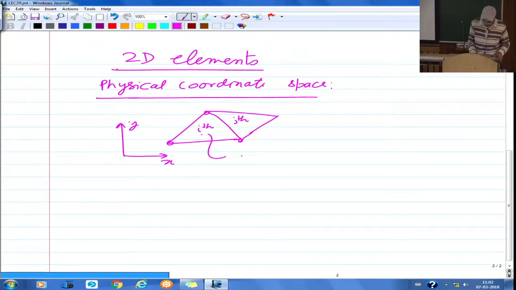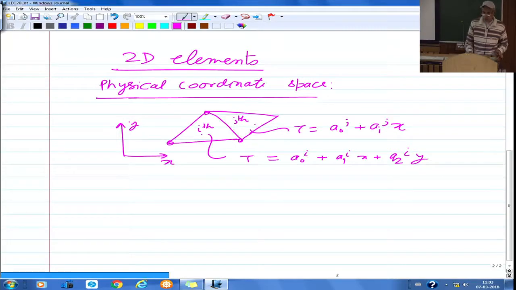For this the temperature field is given by T equal to A0i plus A1i x plus A2i y, and for this the temperature field would be given by T equal to A0j plus A1j x plus A2j y. I am just using a different notation for these constants to differentiate; the form of the interpolation is the same.